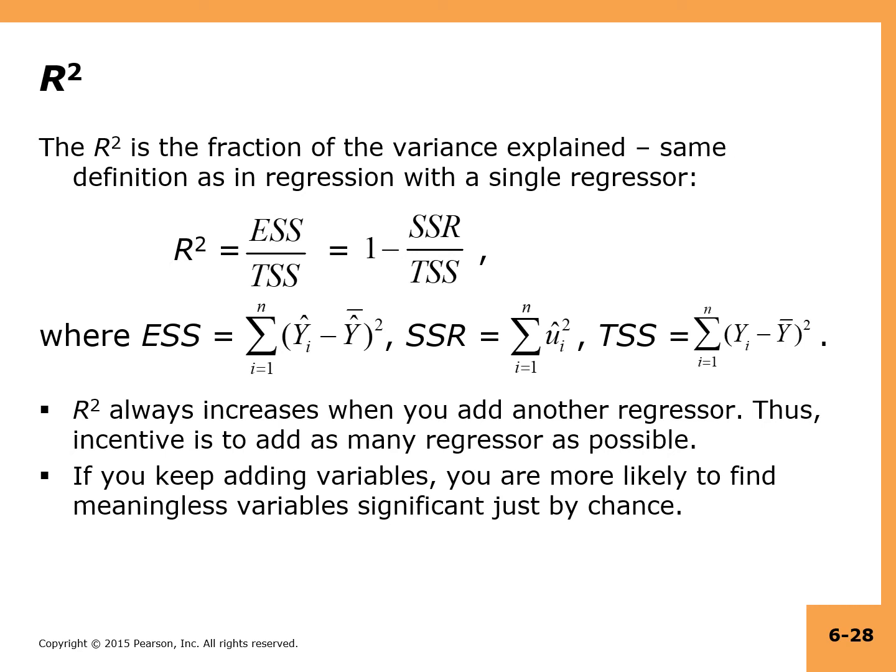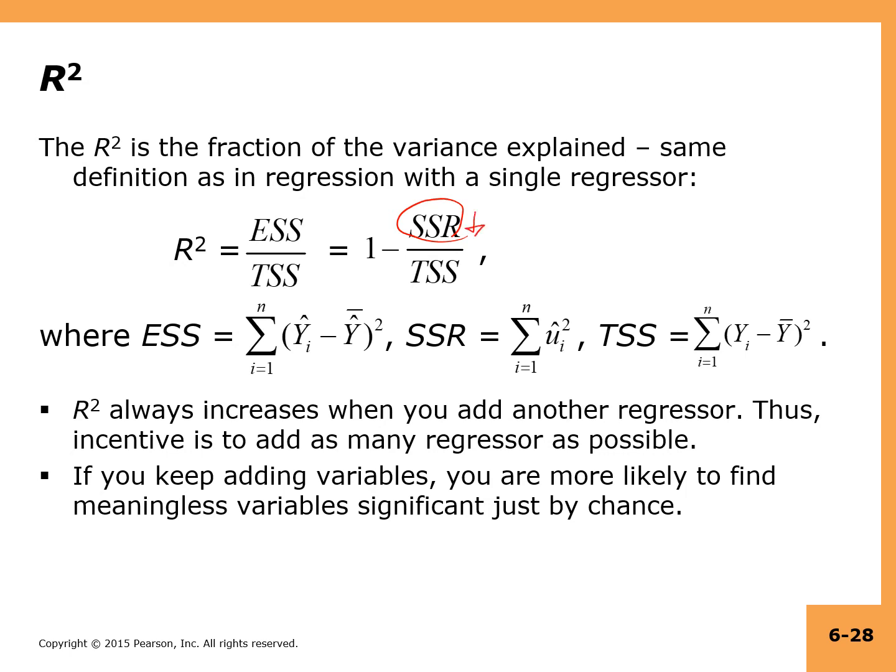Whenever you add another regressor, or independent variable, R-square always increases. This is because by design, OLS minimizes the sum of squared residuals, or SSR. So whenever you add a variable, SSR stays the same or decreases.